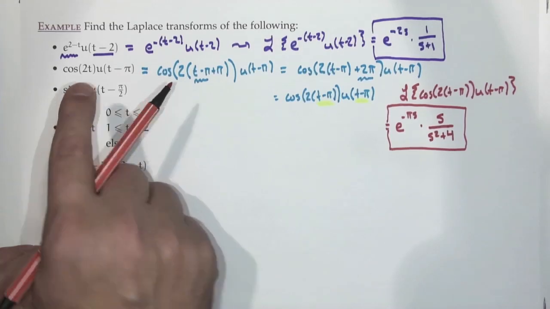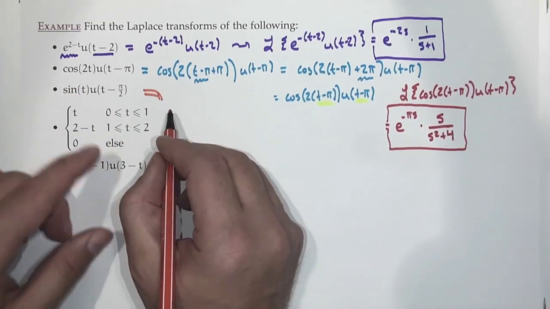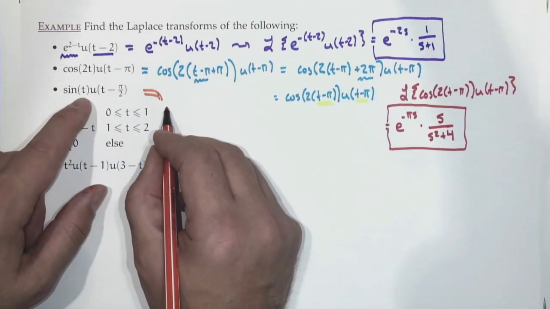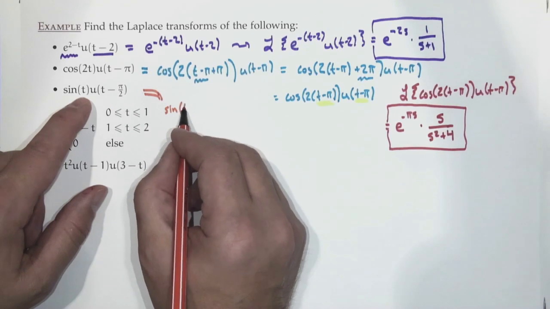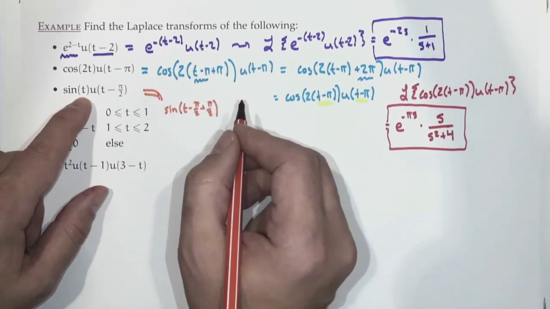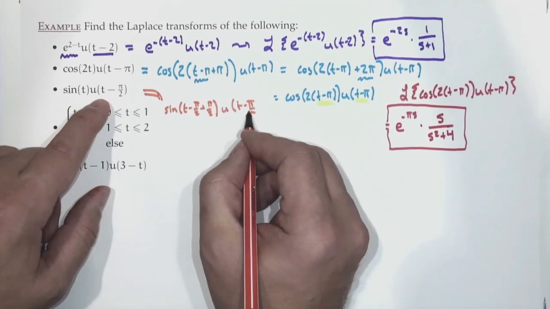So we've got to make this look like a t minus pi halves. Okay, so we do the same thing. When in doubt, just apply it, right? So this is sine of t minus pi halves plus pi halves, u of t minus pi halves.